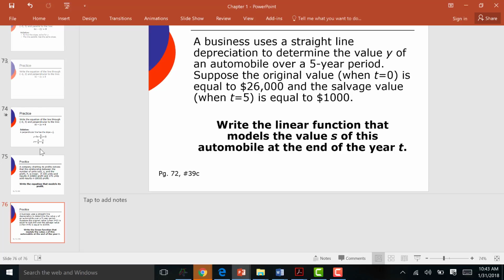So when t equals 0 the value of the vehicle is $26,000. 5 years later, when t equals 5, that vehicle ain't worth but $1,000. It's a sad thing, isn't it?